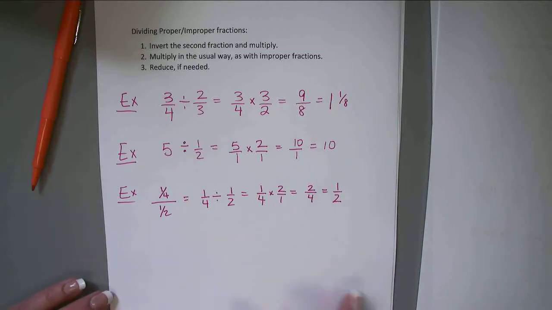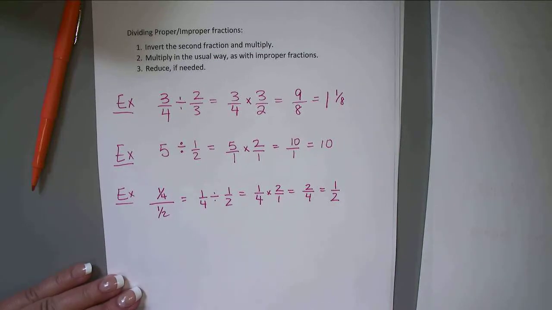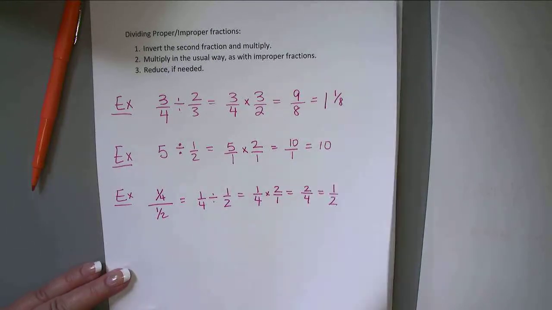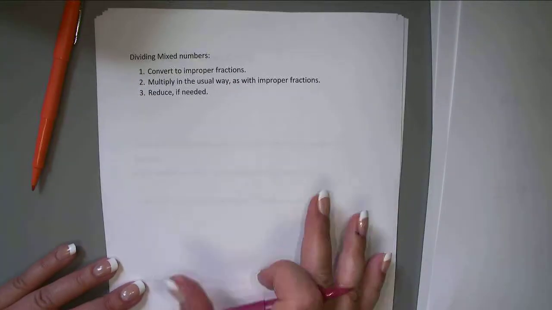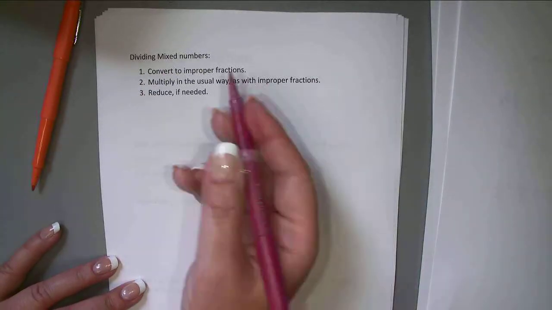Now if we divide mixed numbers, we first convert them to improper fractions. And then we multiply in the usual way.